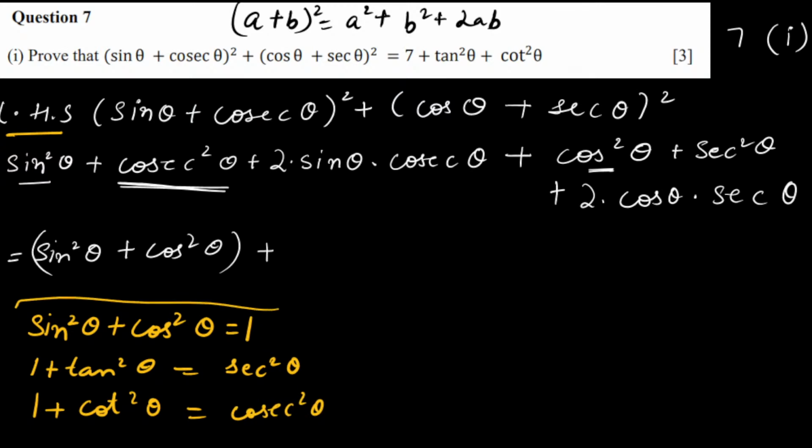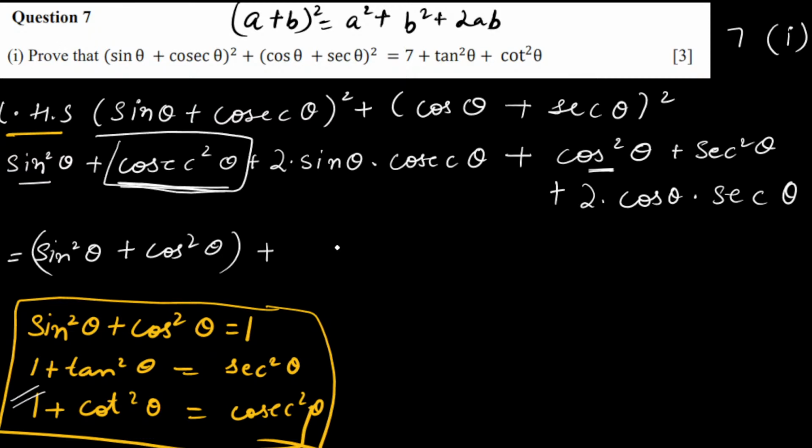These are the square relations. Because we don't need cosecant, this second cosecant square I'm just going to write as 1 plus cot square theta.